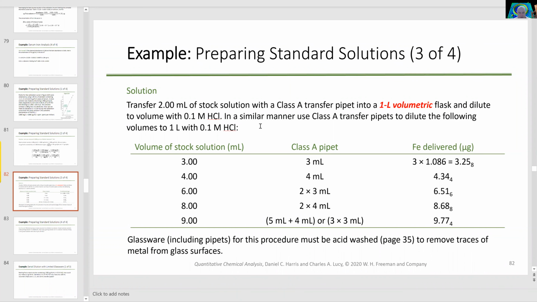All right, go from 1086 down to 108.6 parts per million. That's a good way.